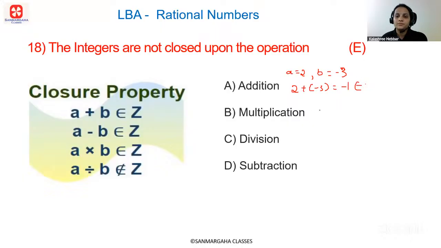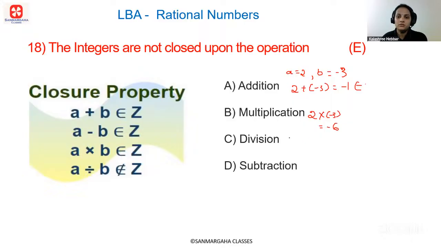Next, multiplication: 2 into minus 3, which is equal to minus 6.